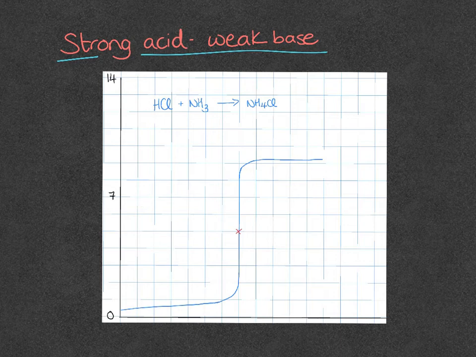The next combination we'll consider is if we have a strong acid and a weak base together. So something like ammonia here is a weak base. You'll notice I've drawn it the other way up. In this case, it doesn't actually really matter how we draw it. So here we are starting off with a strong acid and we're adding our base to it.